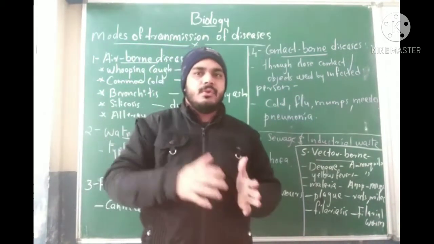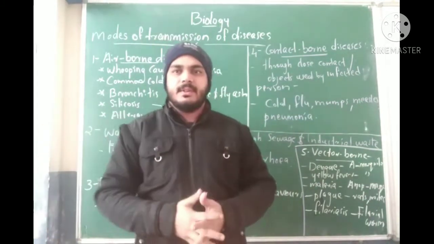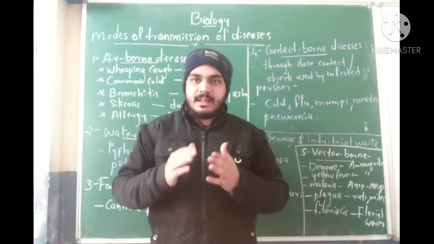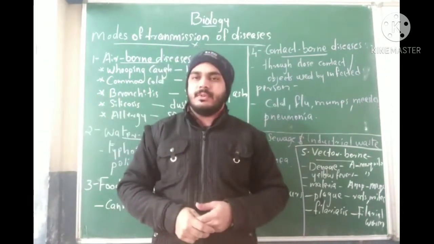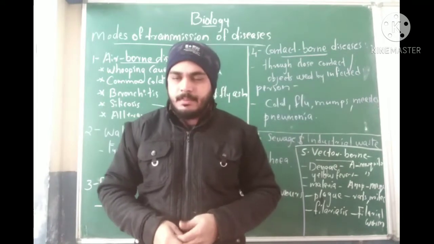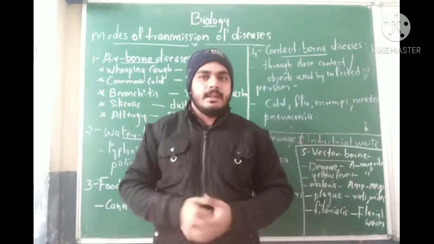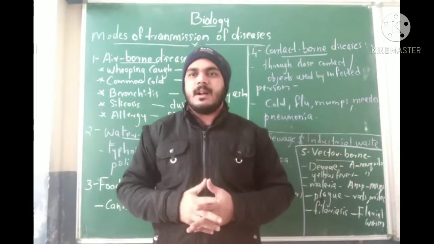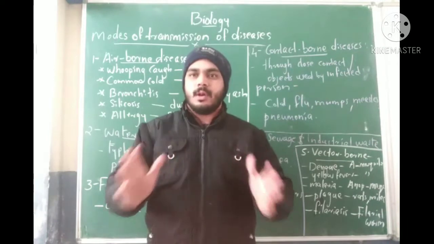That person contacts, meaning touches, another healthy person. As a result, the disease is transmitted to that healthy person also. So this type of disease is called contact-borne disease, through contact only.